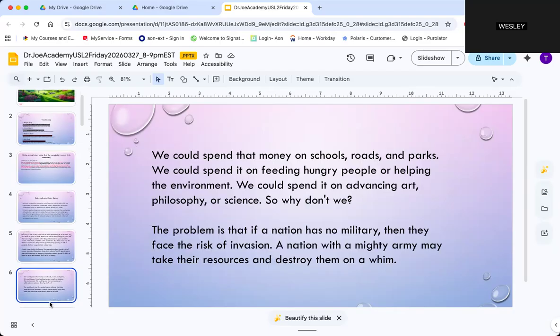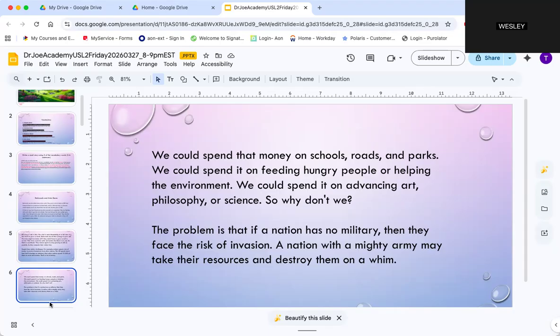We could spend that money on schools, roads, and parks. We could spend it on feeding hungry people or helping the environment. We could spend it on advancing art, philosophy, or science.